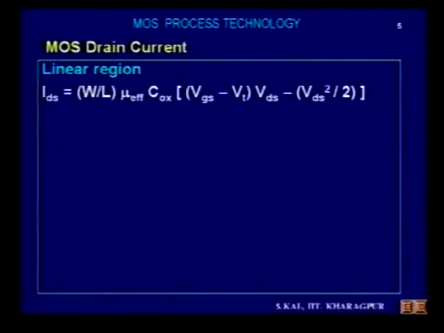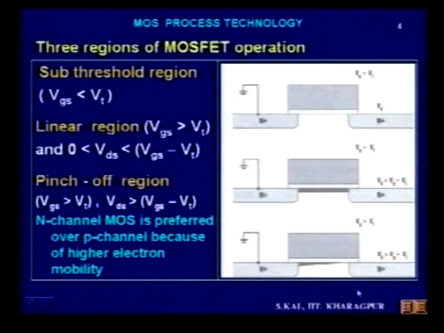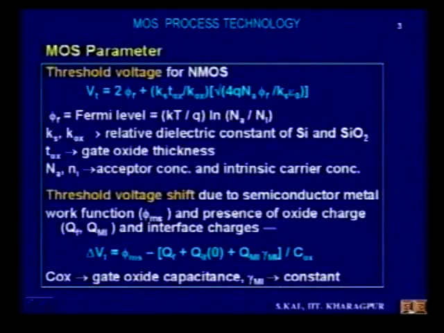You know what the channel length is? The channel length is the gap between source and drain below the gate. This is the channel length. And the channel width is the length of the oxide over the gate region. Now if you go to the first diagram, I can show you. That is the 3D diagram.